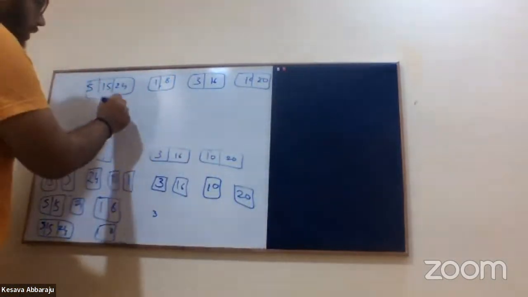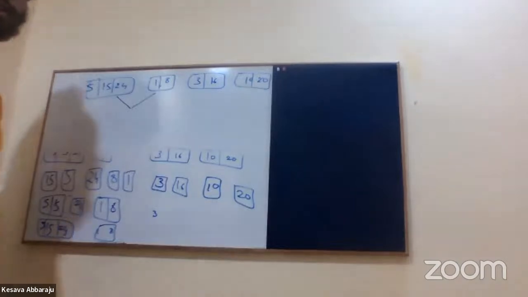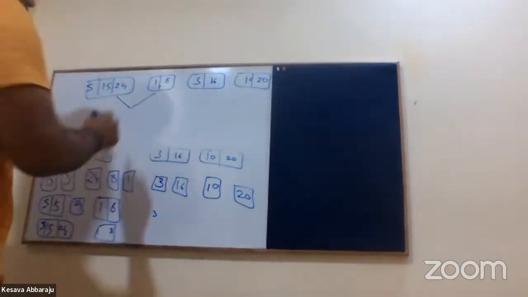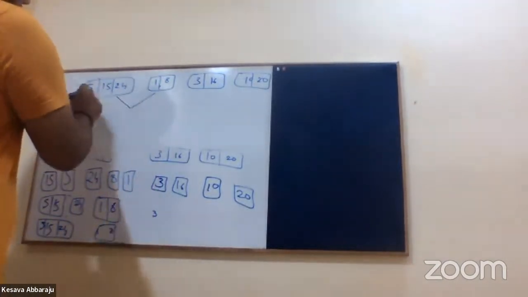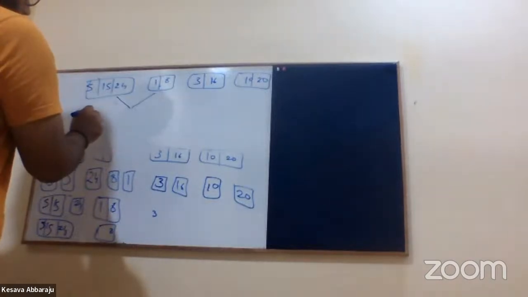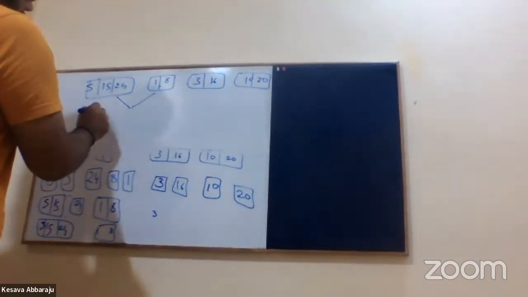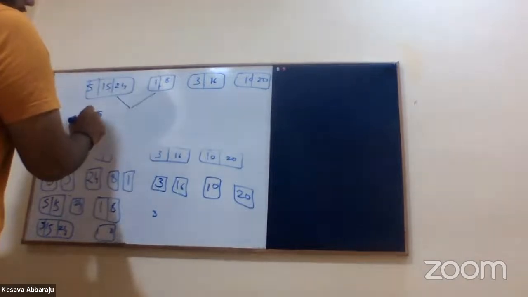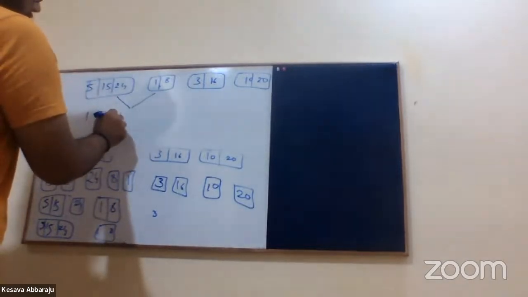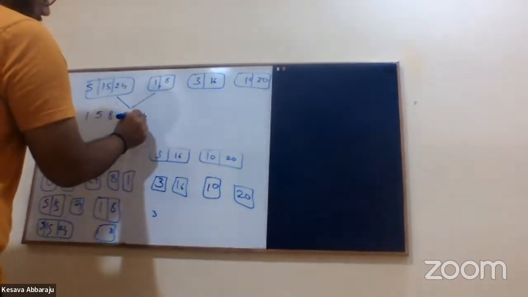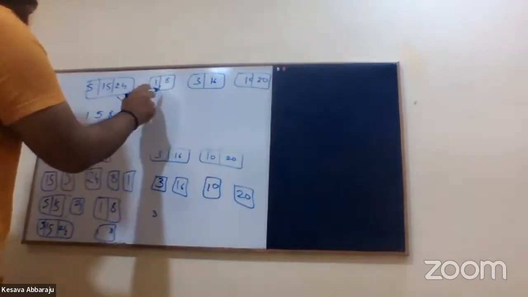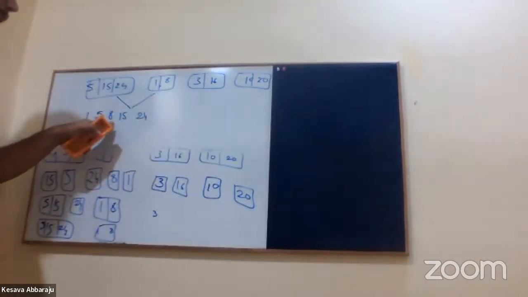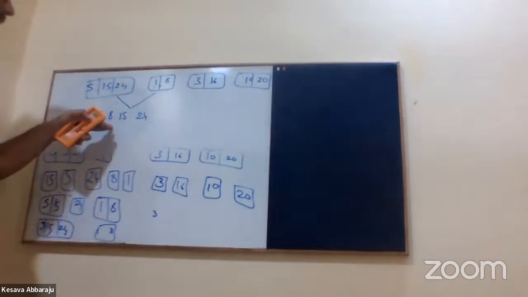So now we are trying to merge these two lists. 1 is less than 5, so it will be before 5, and 8 is greater than 5 and less than 15. So we'll have 8 here, 15, and 24. All the elements in the sublist are in the merged list.